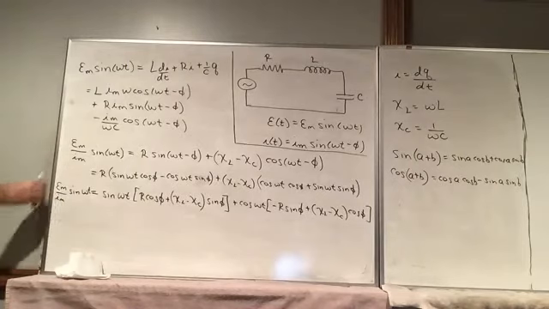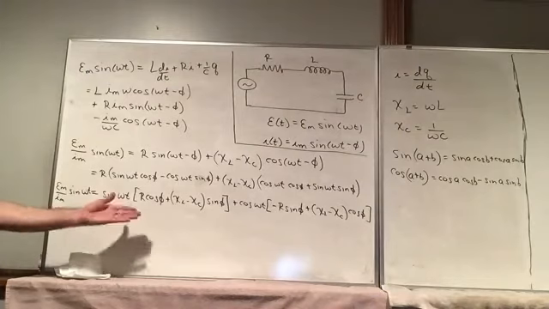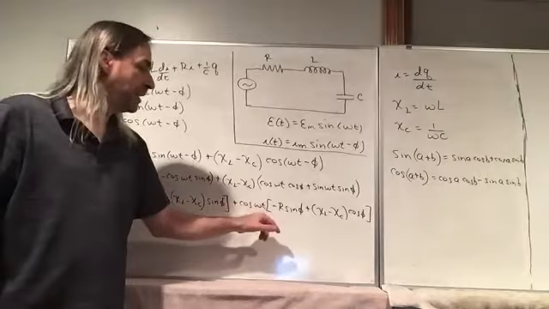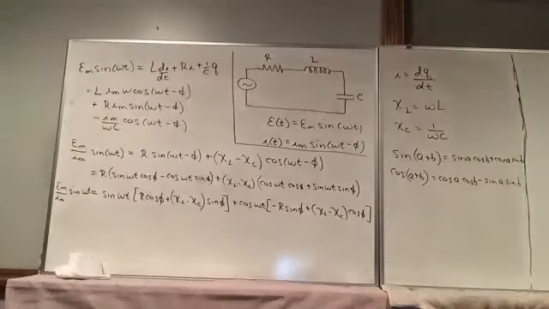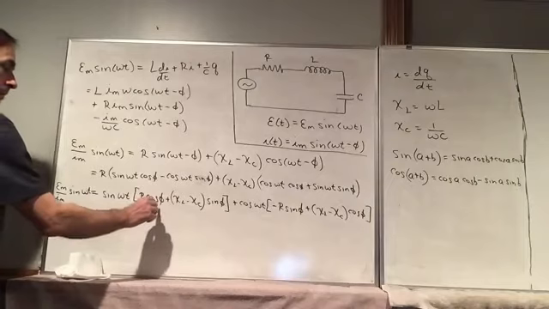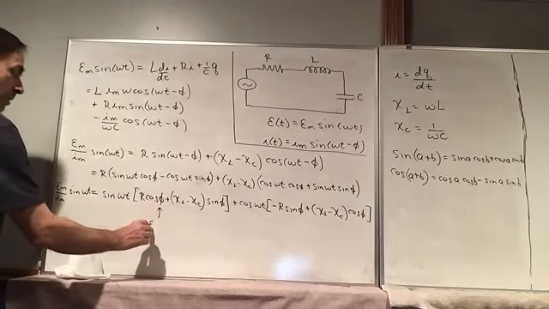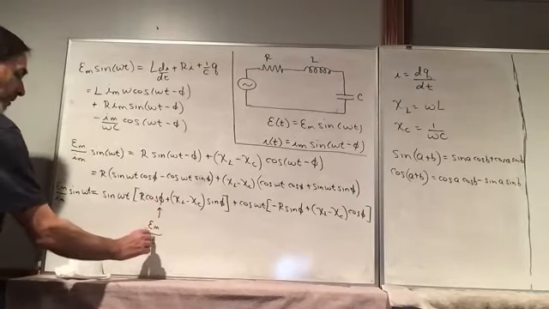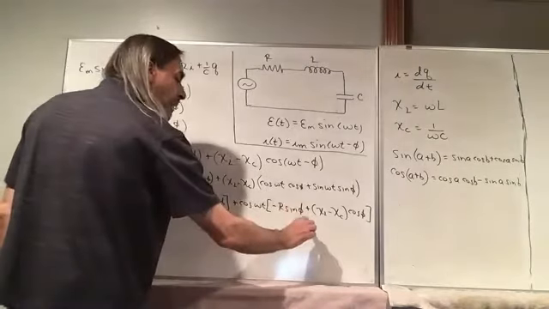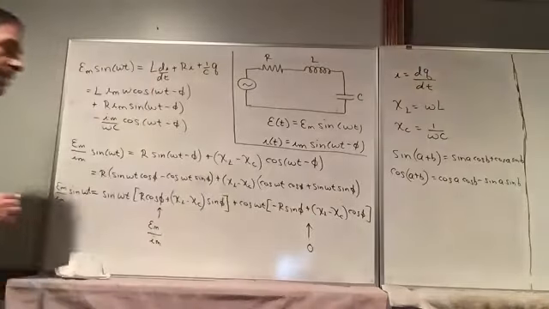So we have this constant times sine omega t is equal to sine omega t times this thing in brackets plus cosine omega t times that thing in brackets. Now, in order to make these equal to each other, this here has to equal the peak voltage over the peak current, and this part in brackets has to equal 0.